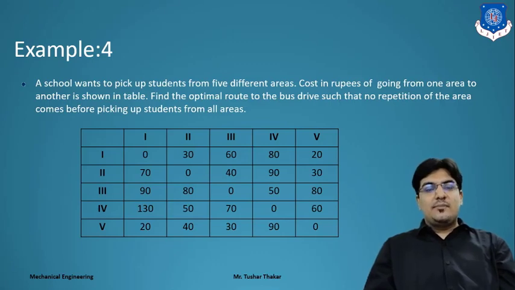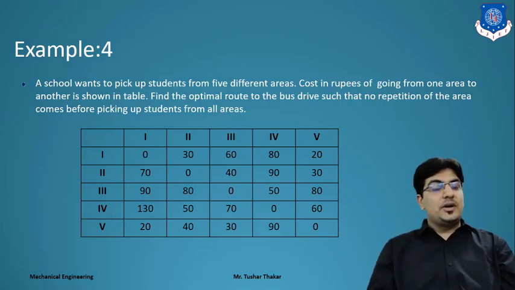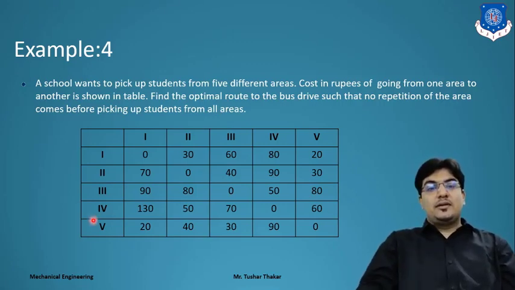Here one example is given. The school wants to pick up students from 5 different areas, and the cost in rupees of going from one area to another area is in the table. Find the optimal route for the bus driver such that no area is repeated before picking up students. Means we have to make one closed loop.